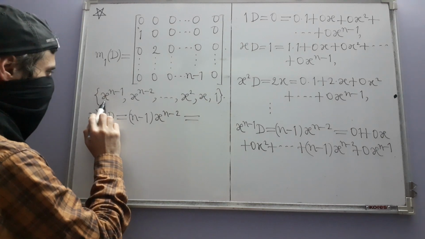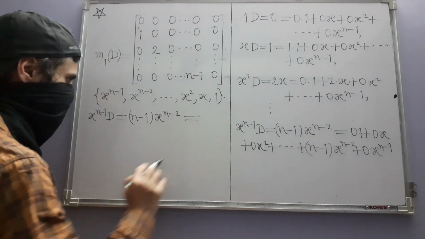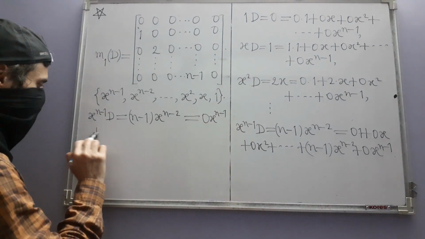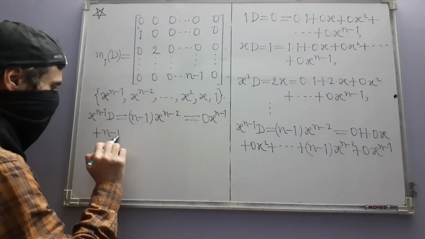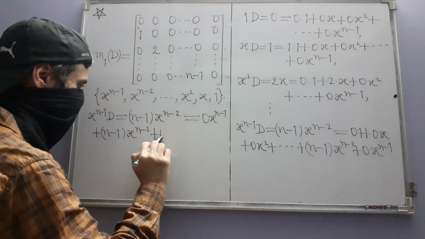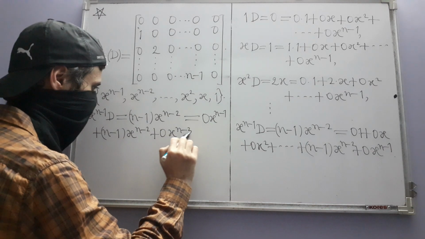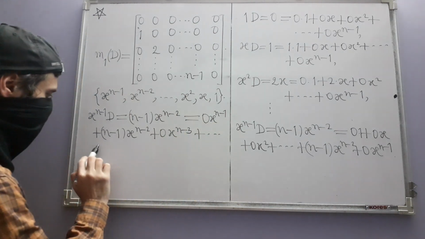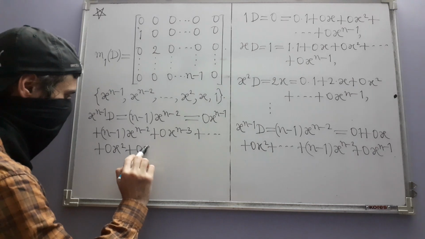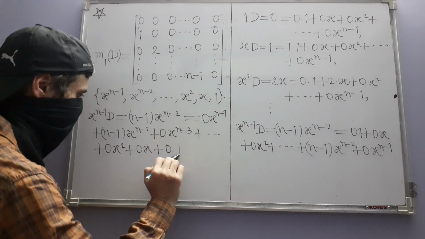So first of all, you have to write x to the power n minus 1, that is 0 times x to the power n minus 1, and then this one will come: n minus 2, plus, let's write one more, n minus 3, plus 0x square plus 0x plus 0, 1.